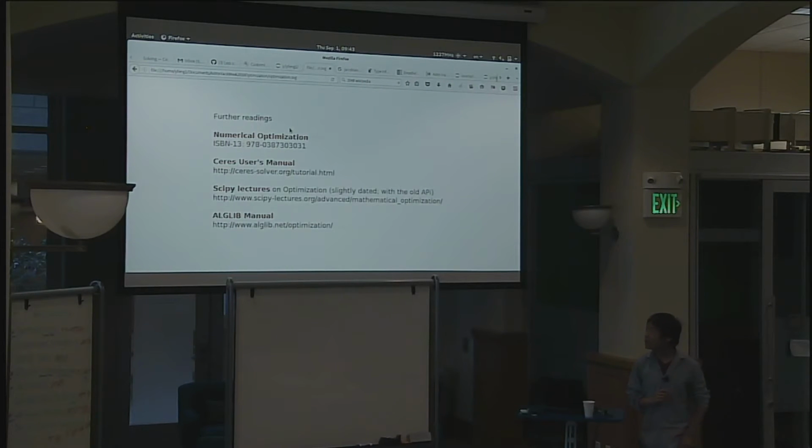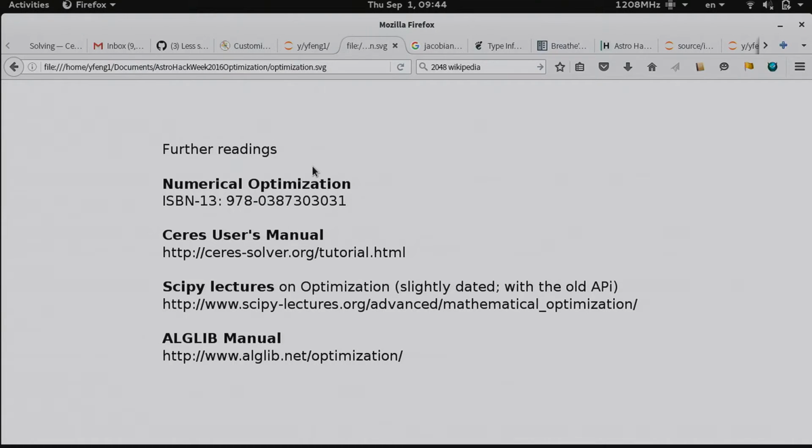So for further reading, I recommend a book. It's Numerical Optimization by, I can't really read his name, Jorge Nocedal, and Wright. And the second author is Wright, I know how to read that name. I have an ISBN number here, but you can also find it on Amazon or your library. And then also the Ceres user's manual at ceres-solver.org. There's a tutorial about roughly similar content.